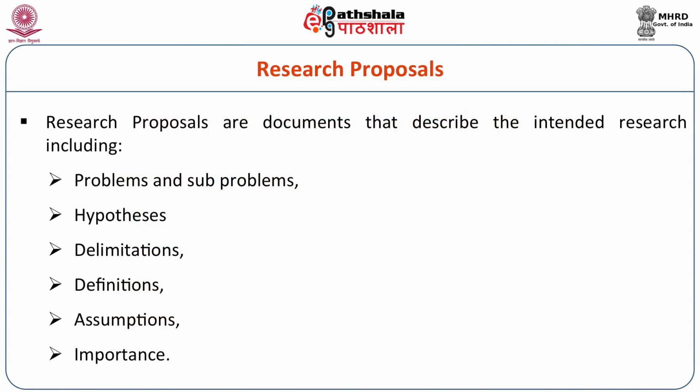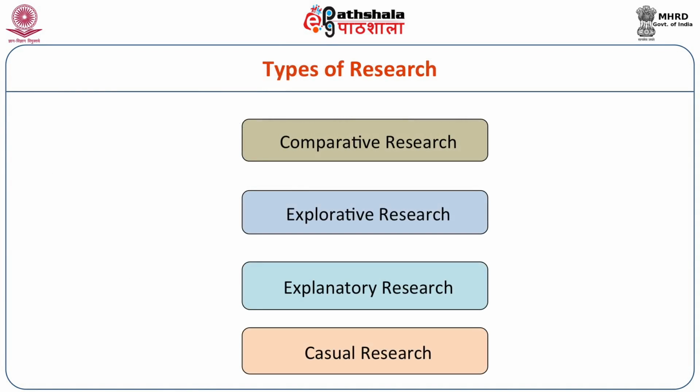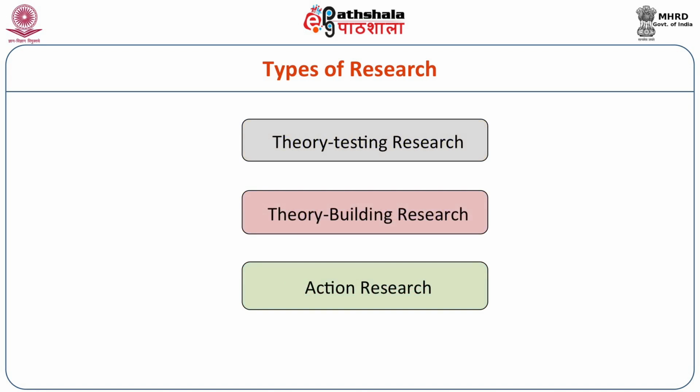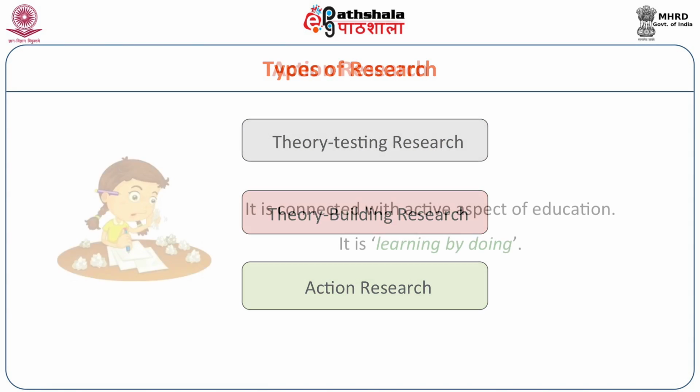Research proposals are documents that describe the intended research, including problems and subproblems, hypotheses, delimitations, definitions, assumptions, and importance, and then literature review. There are various types of research like comparative research, explorative research, explanatory research, causal research, theory testing research, theory building research, and action research.